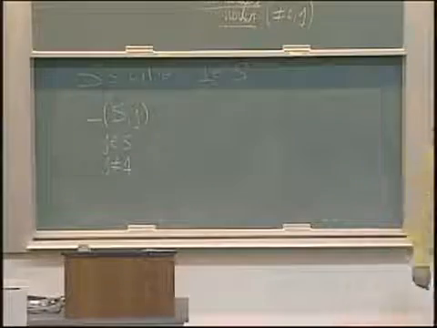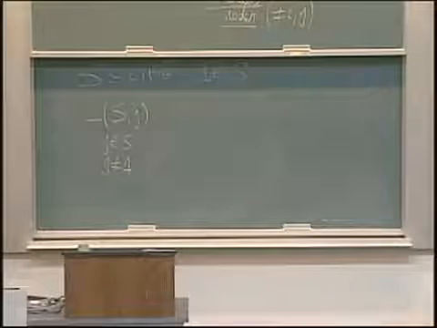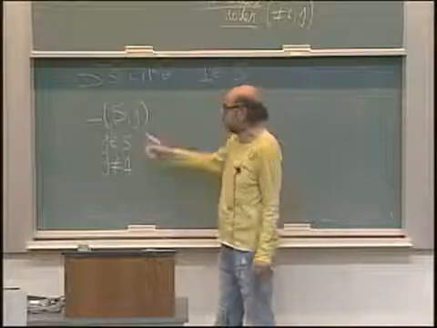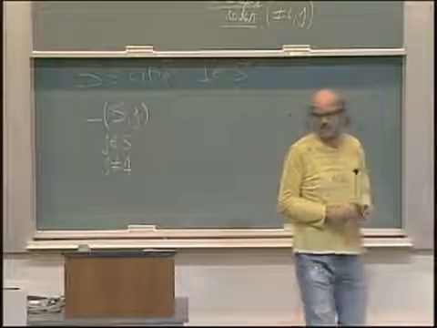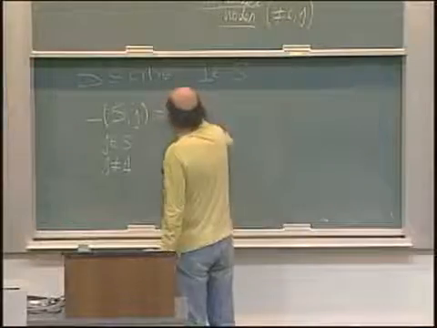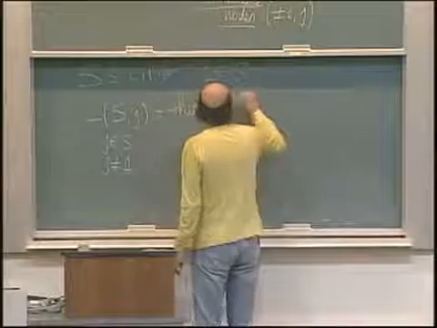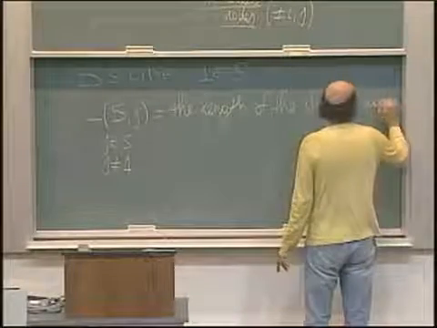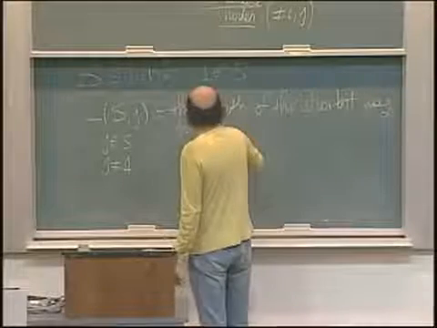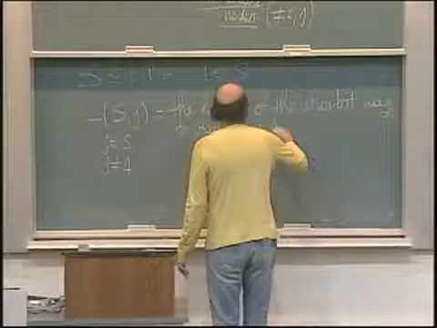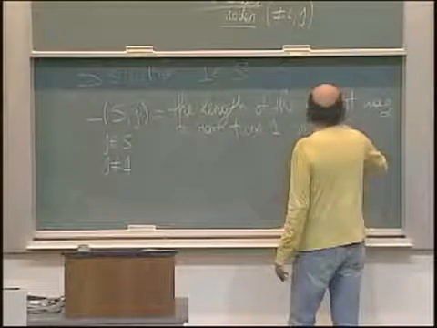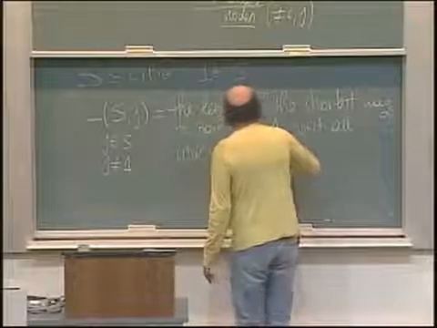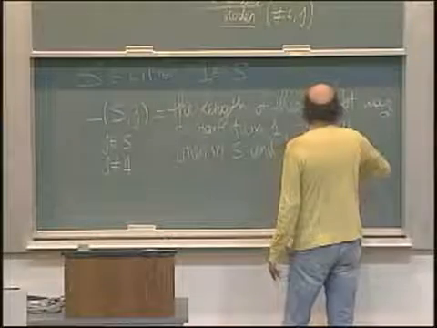In other words, we have a set of cities, more than 2, it contains 1, and j is another city in S. And L of S,j is the length of the shortest way to start from 1, visit all cities in S, and end up in j.